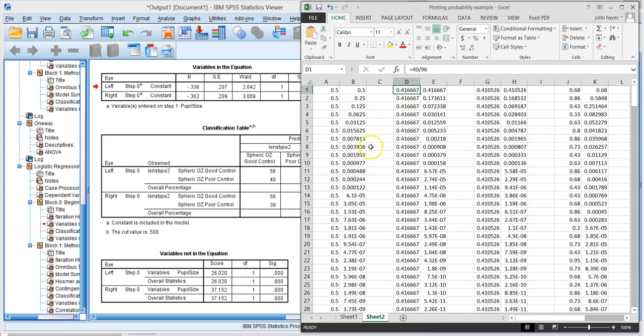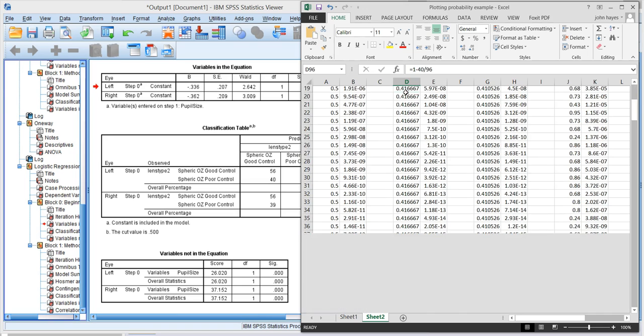So rather than 0.5 times 0.5, we're looking at what it is if you didn't have pupil size. This is the intercept model. We don't have pupil size as information. It's like a regression equation, like a mean. We want to see if pupil size can improve on that. It's going to improve on just the probability of being in the poor group, which is 41.667.